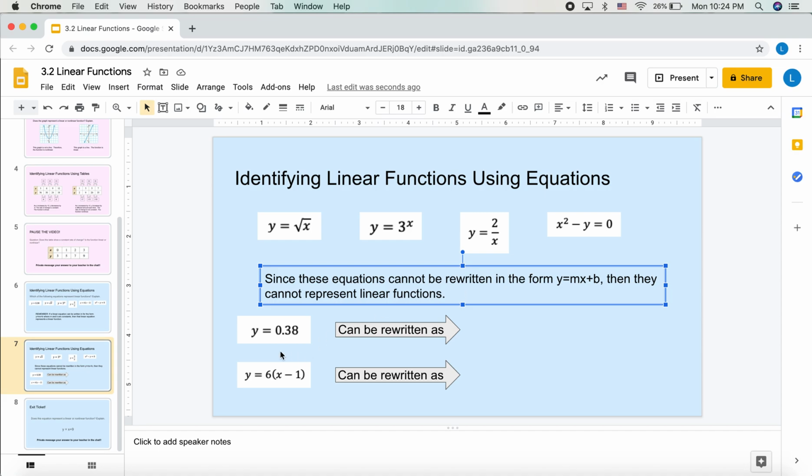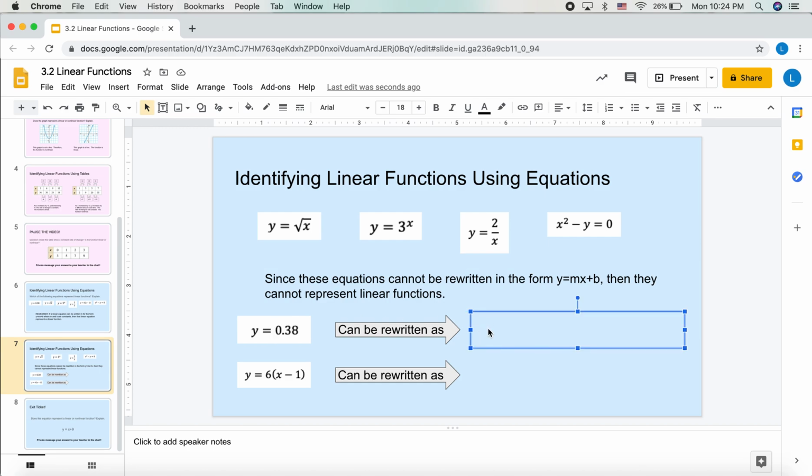However, keep in mind that we do have these 2 equations left over, and these can actually be rewritten in the form that we want. So y equals 0.38, notice that is a constant. There is no variable attached to it, so this is already a constant. So I would say that this can be rewritten as 0 times x, since 0 is a constant, and anything times 0 is 0, plus 0.38.